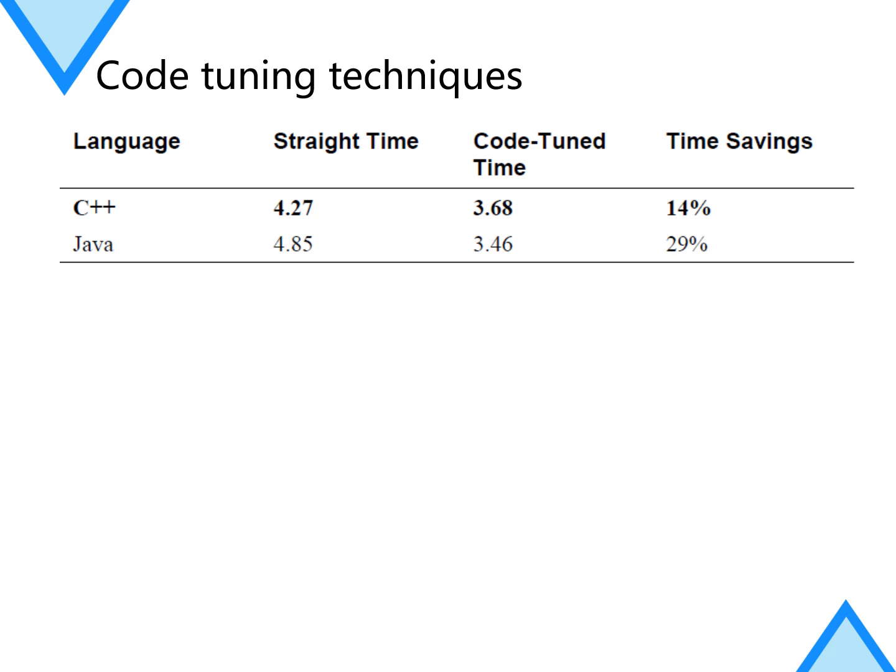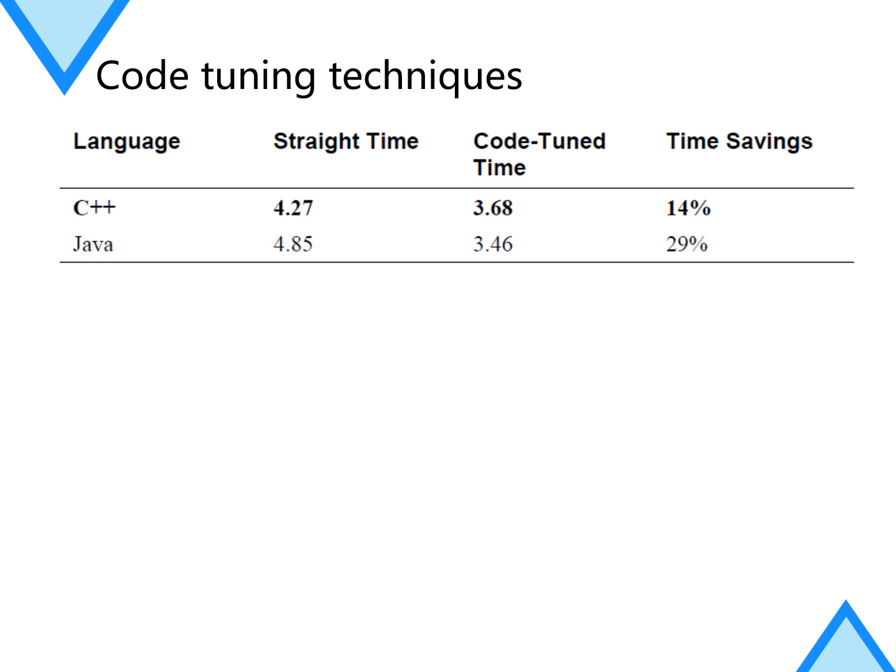Some researchers did an experiment, taking C++ and Java as the experimental languages, and they ran the code 100 times, or ran 100 examples for this experiment. We only need to focus on the time saving.